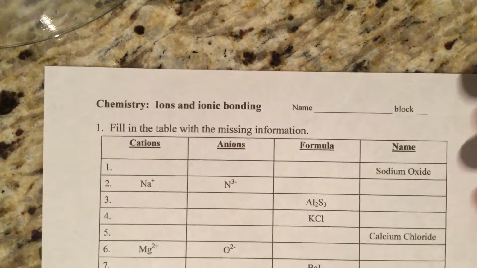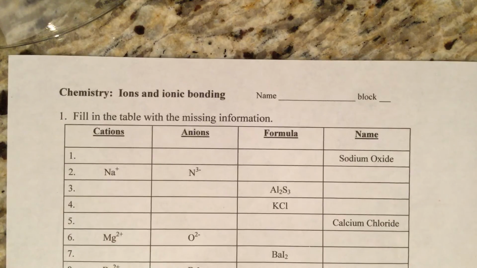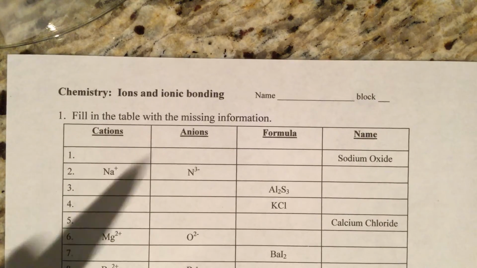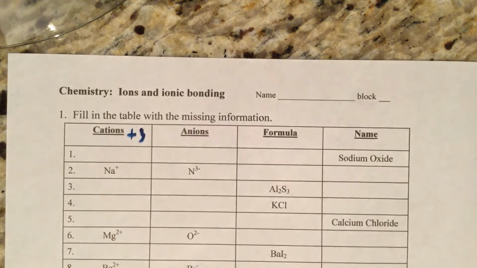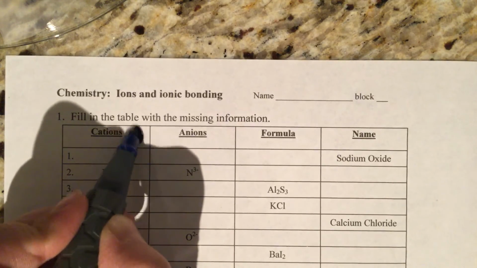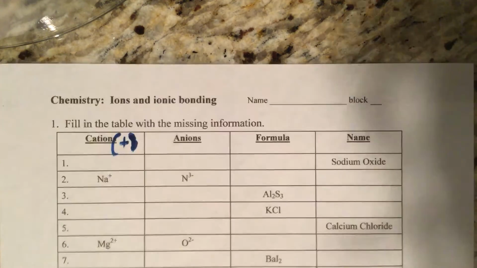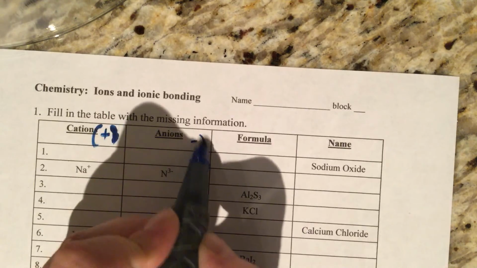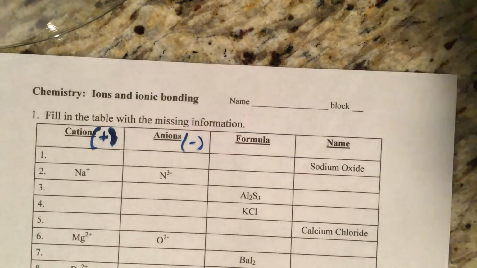So now, go to that homework assignment. I'm going to show you how to do number 1, and then I'm going to set you on your merry way, okay? So last thing here. Here's our homework for today, and we're filling this in. Remember, cations are the positive charge. I should make that a parenthesis. Cations are the positive, anions are the negative.